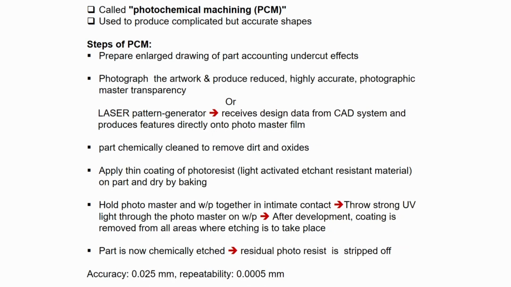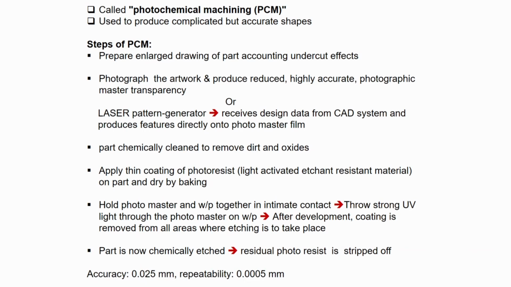After that, the photomaster film and the workpiece are kept together in intimate contact, and very strong ultraviolet ray is thrown through the photomaster onto the workpiece.